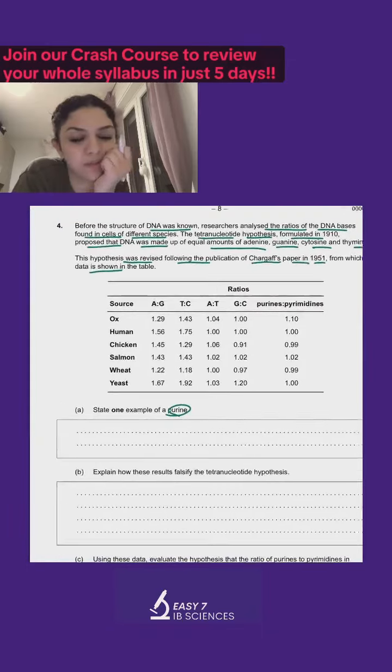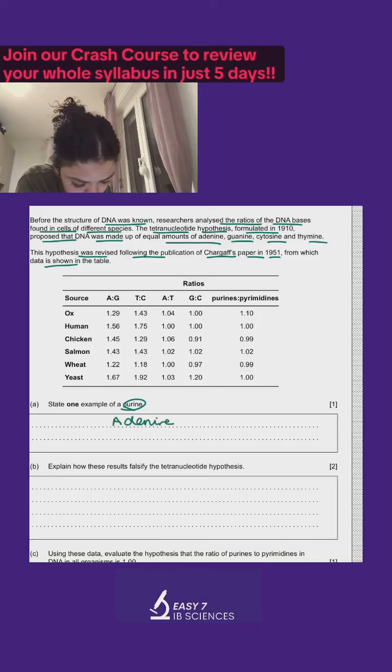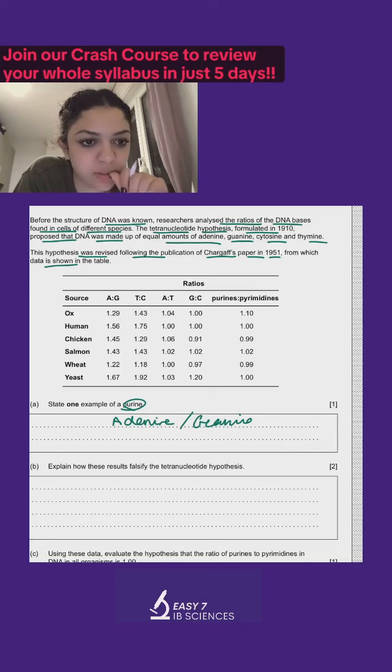So what is a purine and what is a pyrimidine? Very good. Someone said adenine or guanine is a purine. That was really bad handwriting, but that's guanine. One or two rings. Exactly. Good, guys.